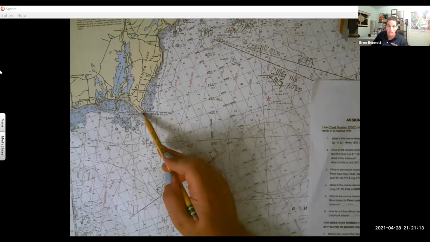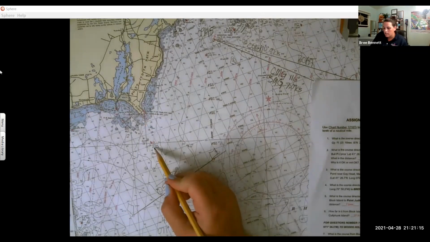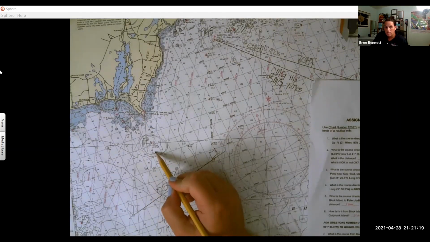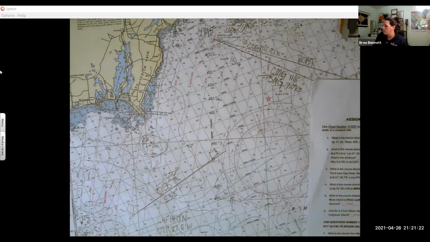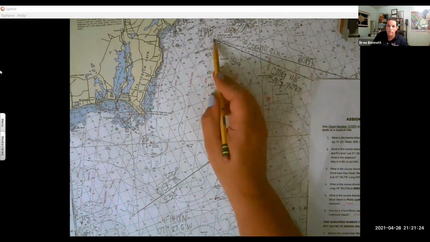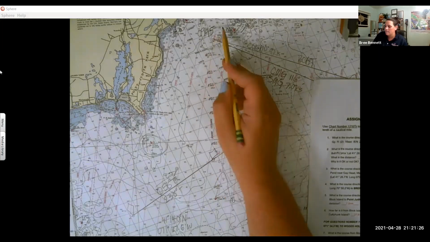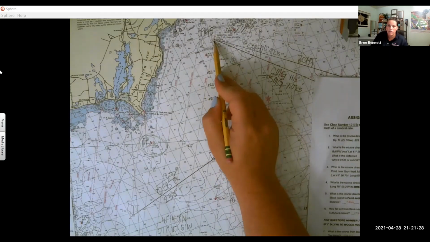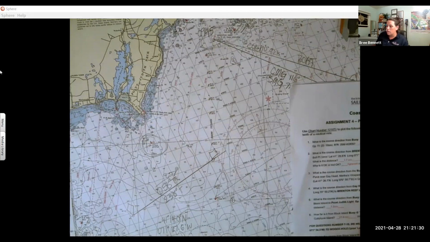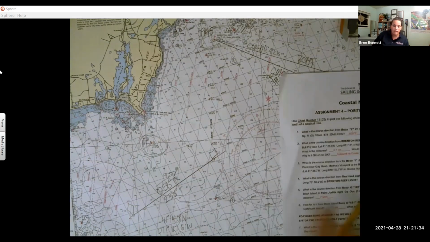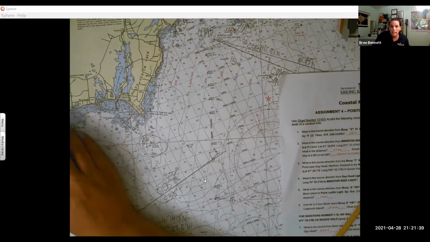So here's Point Judith. Buoy 2 is going to be this buoy right here to Breton Reef Light. Breton Reef Light we're going to be using a lot. Here's our Breton Reef Light. So we are going from a buoy to a light. That will help with identifying which mark it is up there on the light.